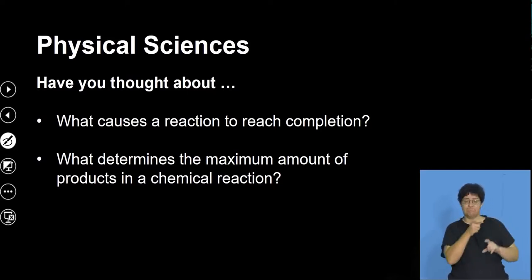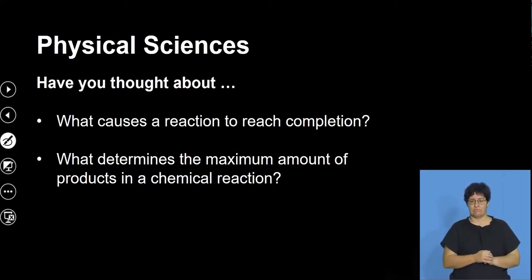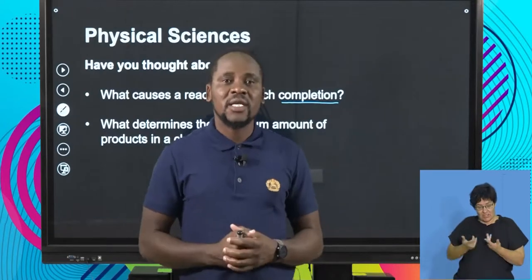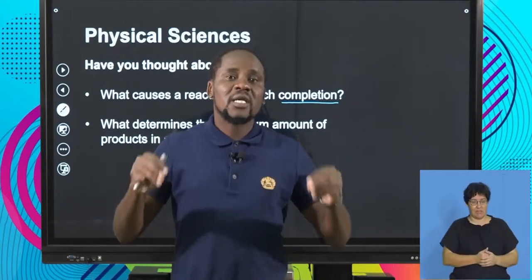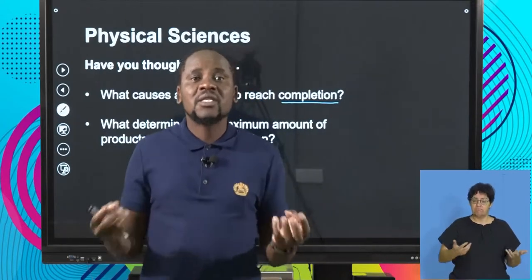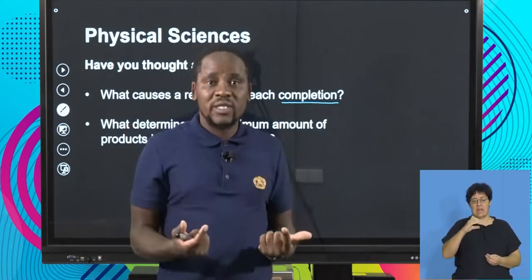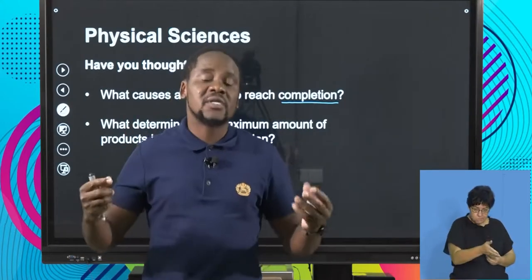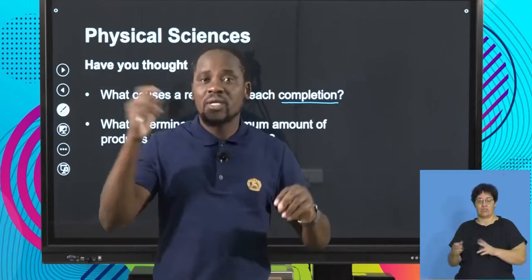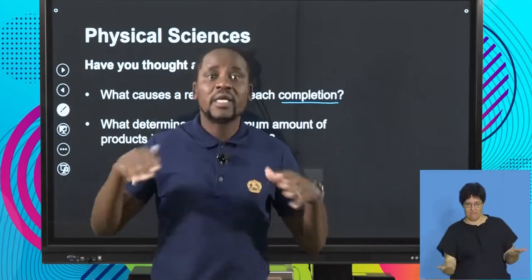The first question that we put is, what causes a reaction to reach completion? When we talk about completion of a chemical reaction, as long as there is still a sufficient amount of reacting particles, the reaction will continue. This is typically for a reaction that goes from left to right, from the reactants to the products in one direction.